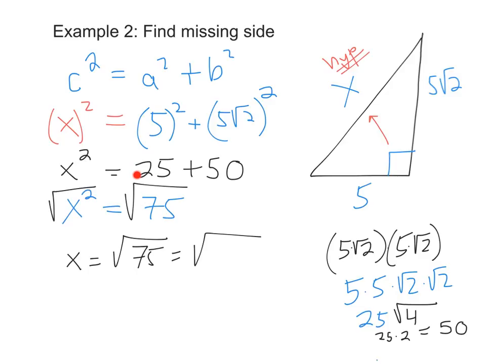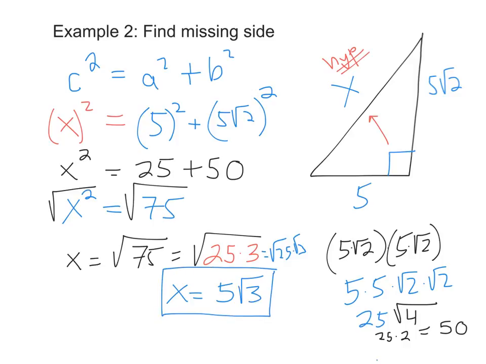We had 25 times 1, and then this turned out to be 25 times 2. So we really have three 25s making up our 75. So we could apply the square root to each little piece. And so x is going to be 5 square roots of 3.